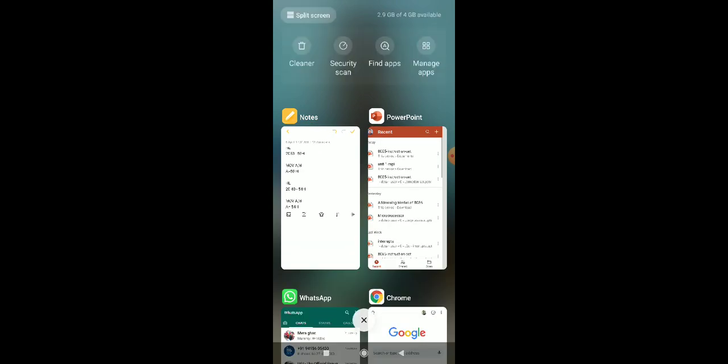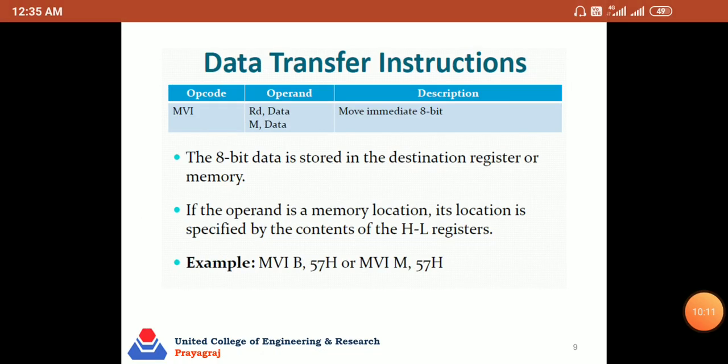So it is an example of memory addressing.